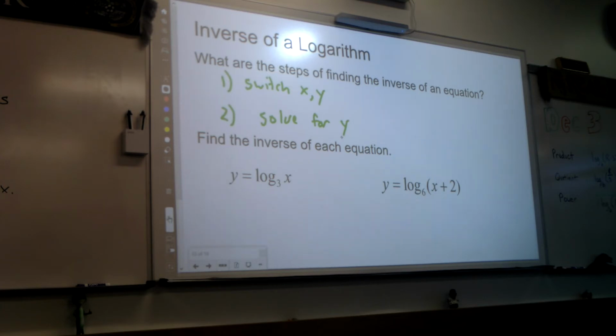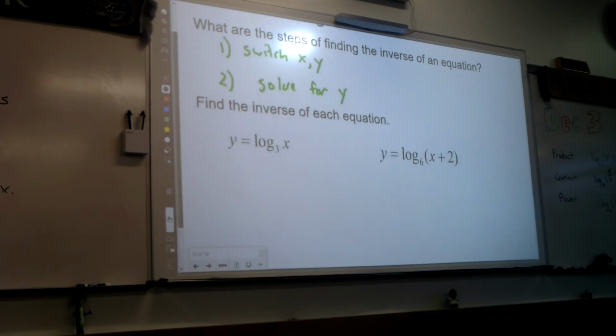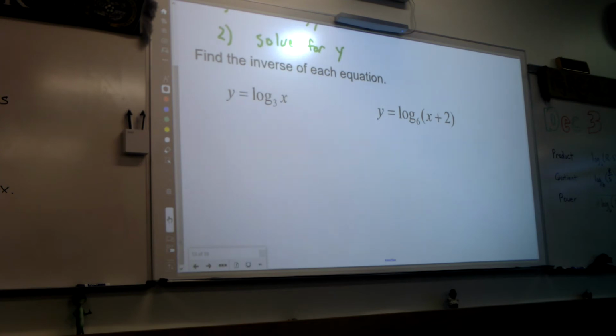Okay? Now what we're going to be doing here, let's try finding the inverse of y equals log base 3 of x. So let's start by switching x and y. I'm going to write that as x equals log base 3 of y. Okay? When I do that, I want to solve for y. The problem is, where is y?